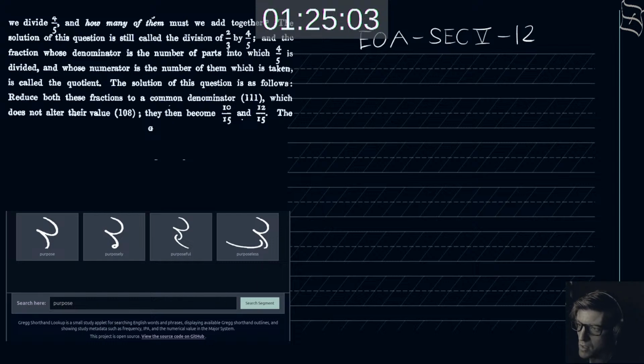And whose numerator is the number of them which is taken is called the quotient.